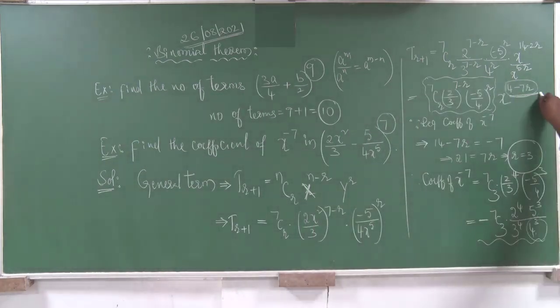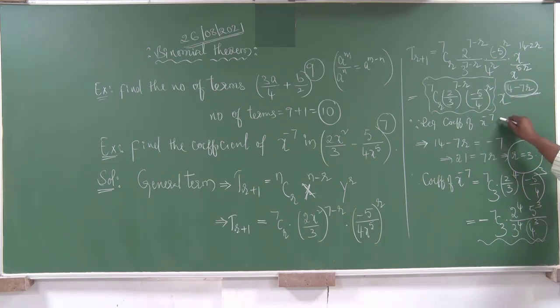Of course in this one I am getting x power 14 minus 7r. But my requirement is the coefficient of x power minus 7. So in the general term, the x power value is equal to my required coefficient x power value. Here I am equating these two values, I can get the r value.